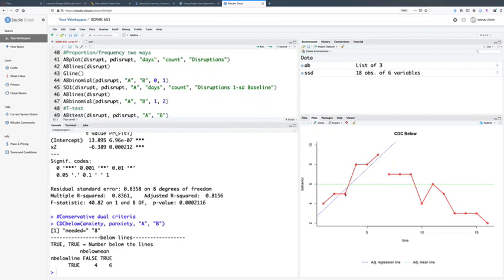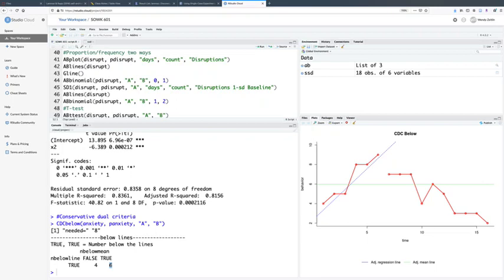And we see actually in the baseline we did have one data point that would have been considered successful. And here the true condition is, so you have to have true, and true is the number of data points that are successful in the intervention.